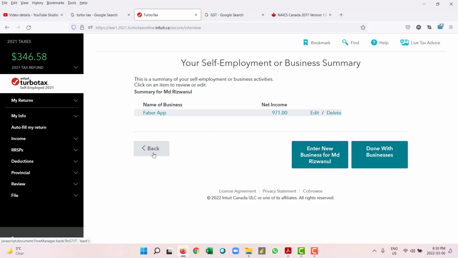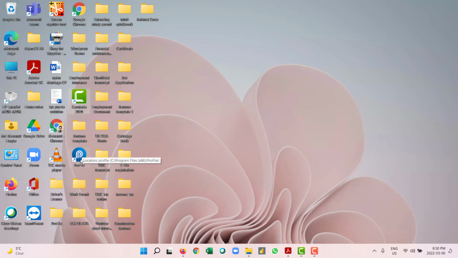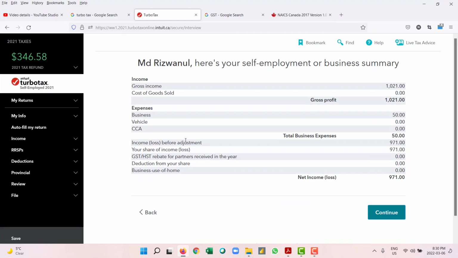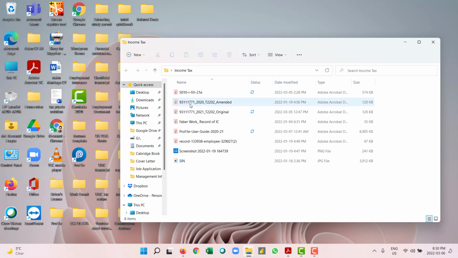So I want to show you something. If I increase the vehicle expense here by $100, because I did it in my tax filing software, the refund amount does not change at all. It is still $346.